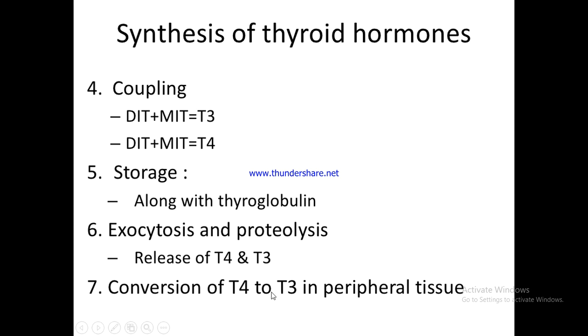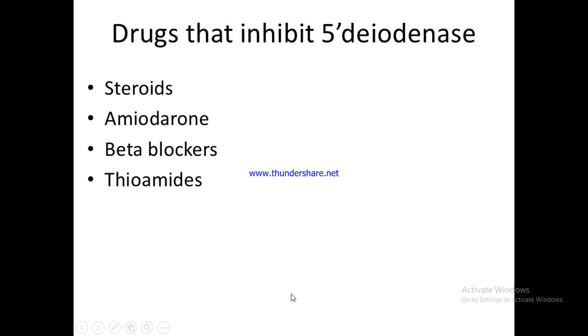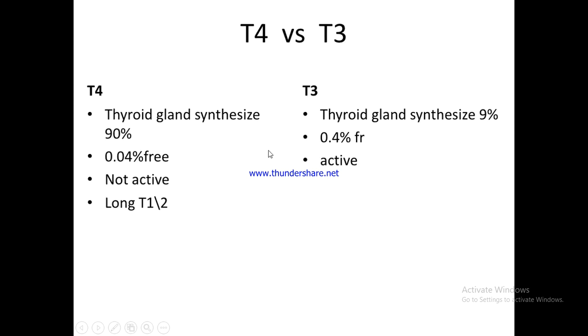Similar deiodinases exist in the peripheral tissue that convert T4 to T3, the active form of the thyroid hormone. There are certain drugs that inhibit the deiodinase enzyme, such as steroids, beta blockers, thioamides, and so these drugs have the action that thyroid activity is reduced, T4's conversion to T3 is reduced.